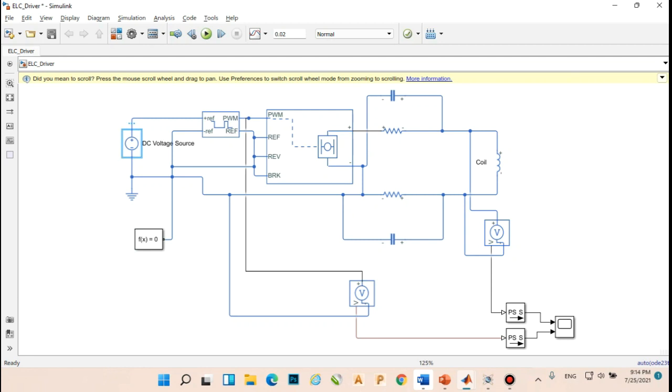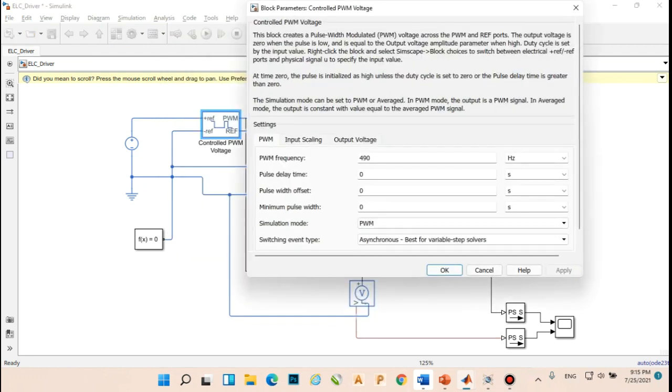We have a DC voltage source as input to set the duty cycle of our PWM signal. We have a controlled PWM voltage.